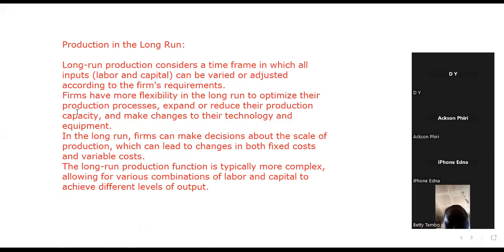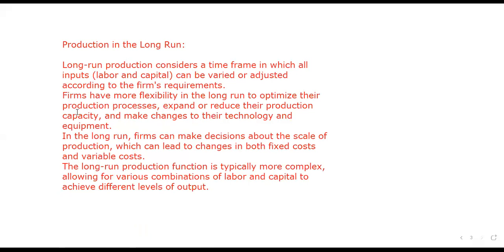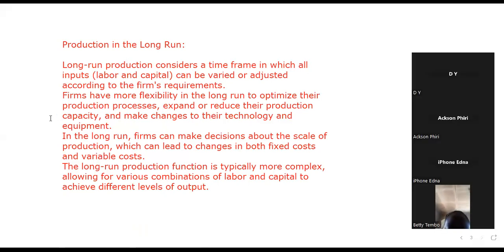So you can increase capacity of land and machinery. You can also increase capacity of laborers. So firms here are more flexible in the long run to optimize production processes, expanding production and reducing costs. In the long run, firms will make decisions about the scale of production, which will lead to maximization.